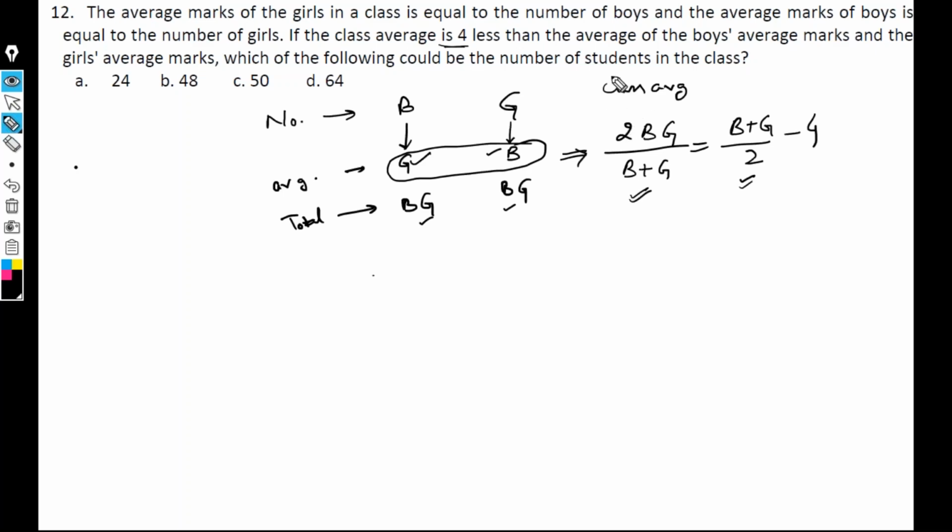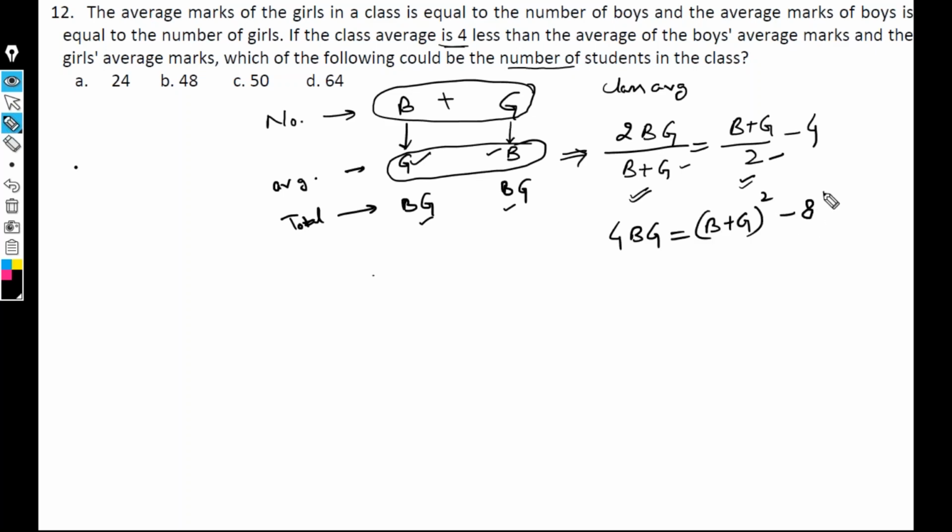Okay, good, good. Then he says, which of the following could be the number of students in the class? So we have to find the value of B plus G out of these options only. So if I simplify this, cross multiply by twice of B plus G, it becomes 4 times BG equals (B plus G) whole square minus 8 times (B plus G).